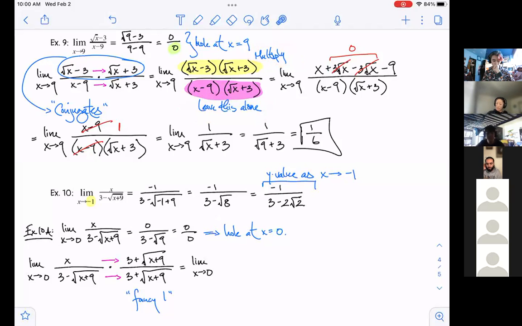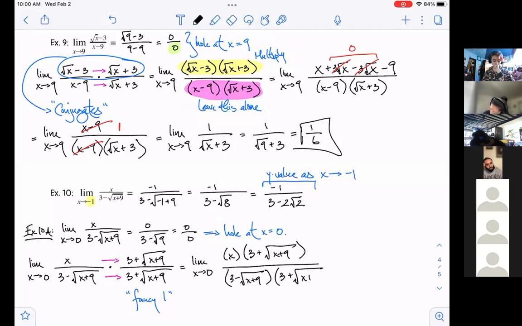So in this case, I have x times 3 plus square root of x plus 9 over 3 minus square root of x plus 9 times 3 plus square root of x plus 9. What do we want to multiply, and what do we want to be patient with?